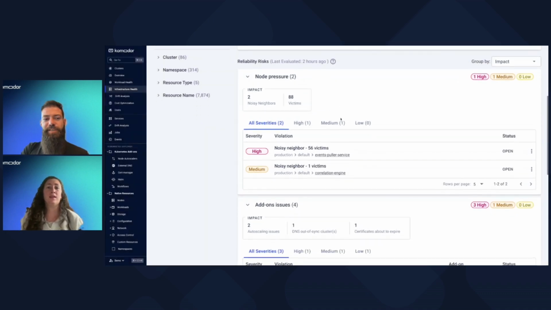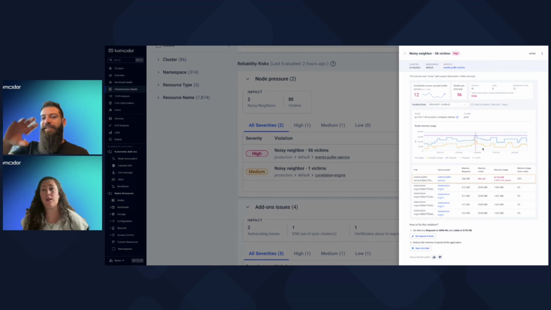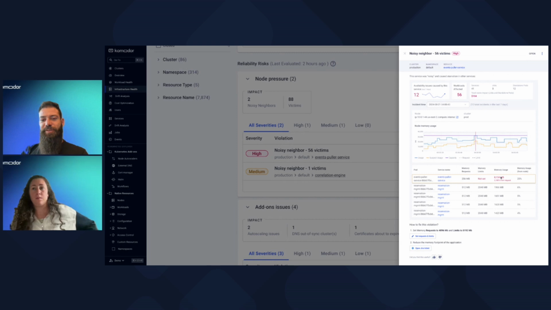Yeah, so it started as a misconfiguration. Someone forgot to set the right request and limits for this workload, and then it started impacting other pods, which caused them to get evicted, and then it caused node pressure as well.